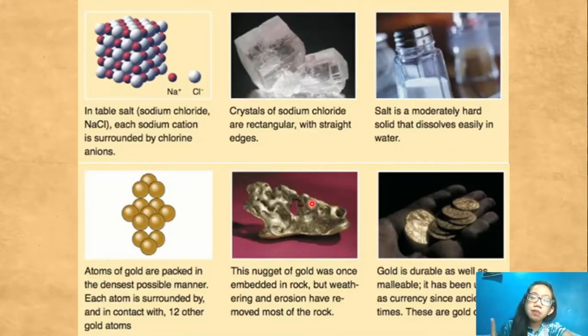It's very malleable. So that's the term. It's very malleable because the atoms of gold are densely packed, and since they are densely packed, you could easily shape them because it follows the shape of its container.